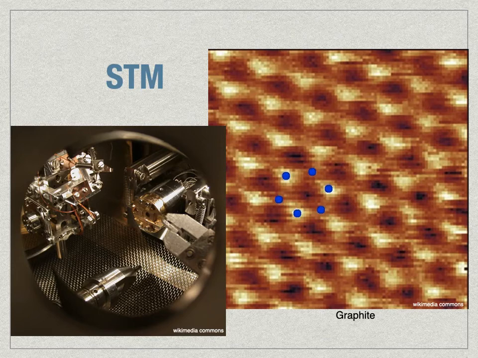And this is a scanning tunneling microscope image of graphite, which is what's in your mechanical pencils, right? And again, this is not a lens image. This is not looking through a standard optical microscope. What you have in a scanning tunneling microscope is a tiny charged needle that deflects around electron clouds and measures where those electron clouds are.